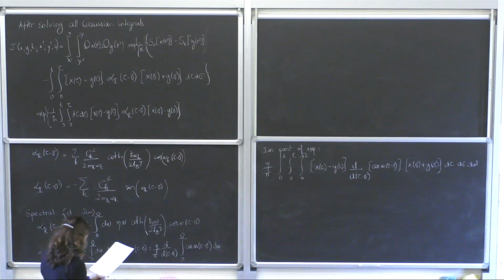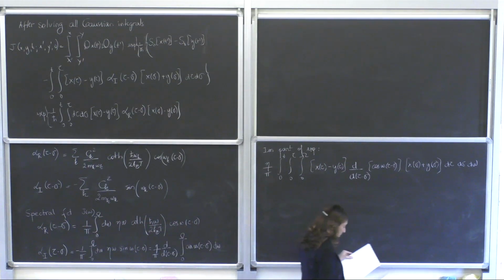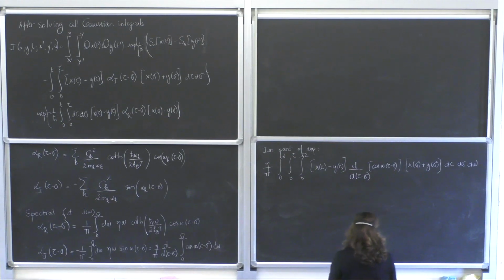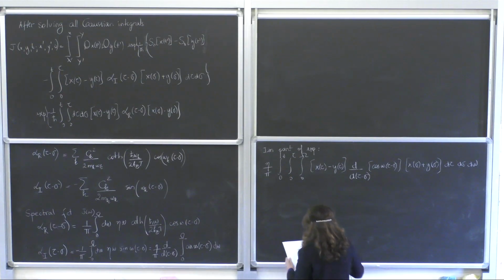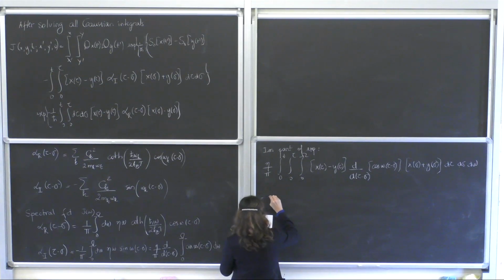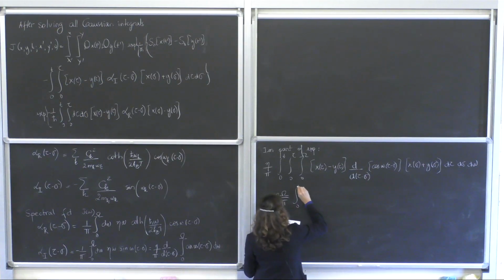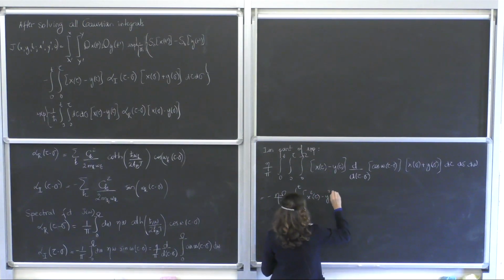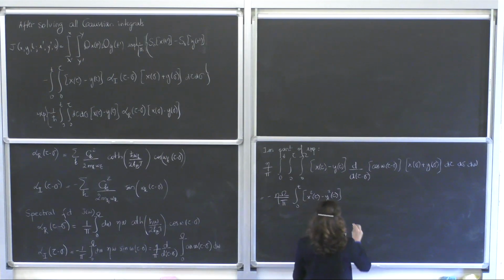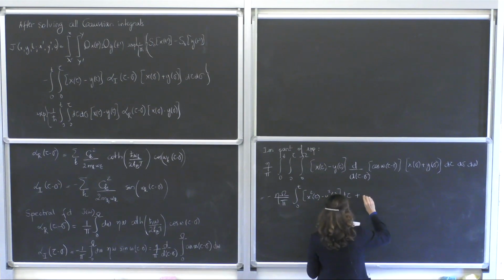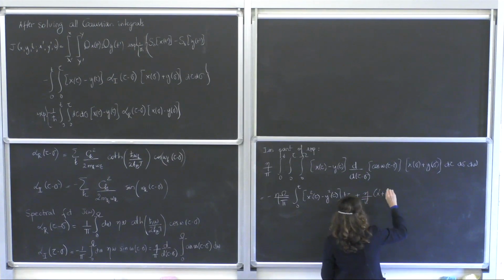Eta over pi. Okay, but now you can rewrite this as minus eta omega over pi integral from 0 to t of x squared minus y squared d tau, plus eta over pi x prime plus y prime.